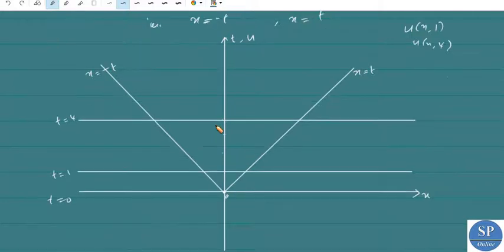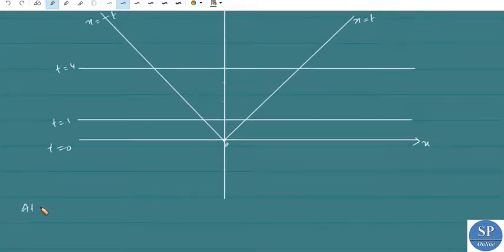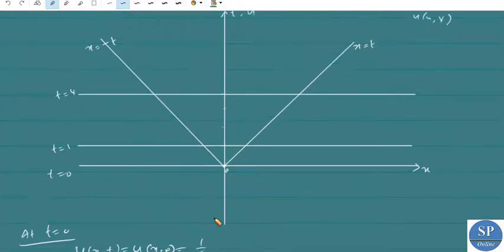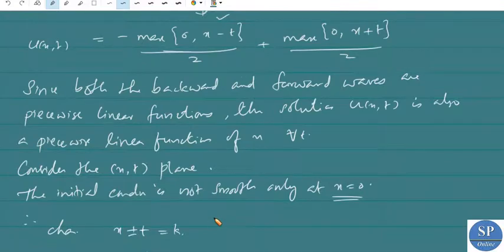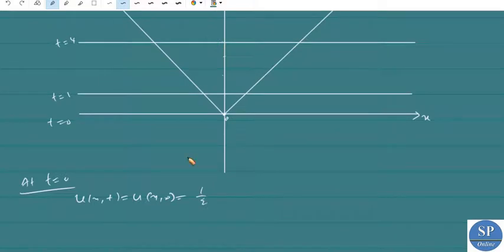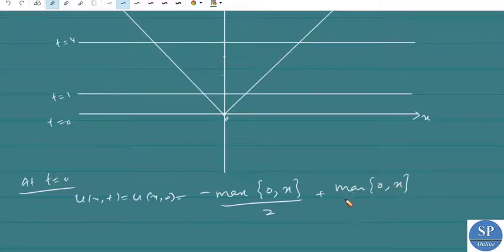Now at t equal to 0, our solution u of x,0 is nothing but 1 by 2 into minus maximum of 0 comma x minus t, that is x minus 0, divided by 2, plus maximum of 0 comma x plus t divided by 2.